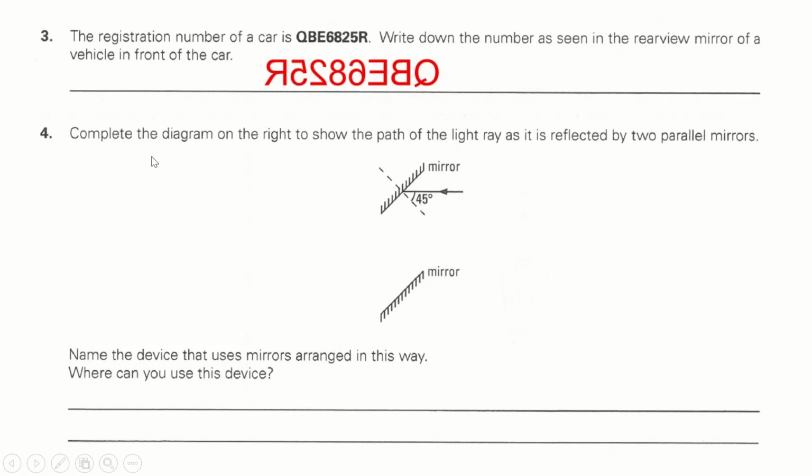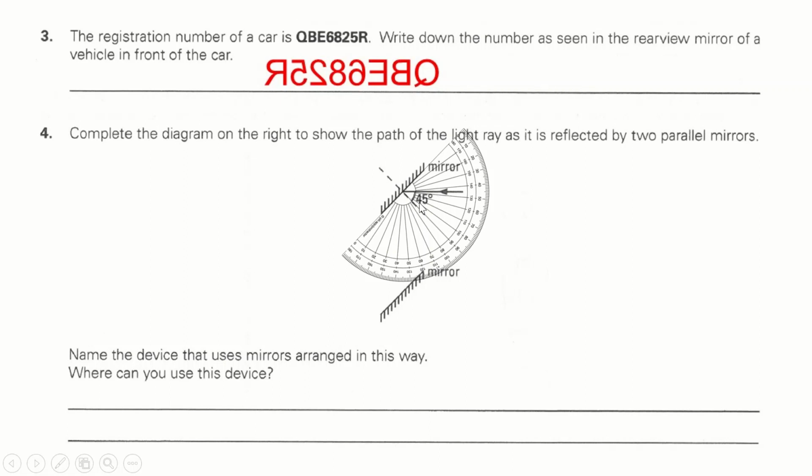Okay, question 4. Complete the diagram on the right to show the path of the light ray as it is reflected by two plane mirrors. Okay, so the first thing you need to do, if you were to draw this down, what do you actually need? Okay, you need a protractor. That's right, because you have a normal here.